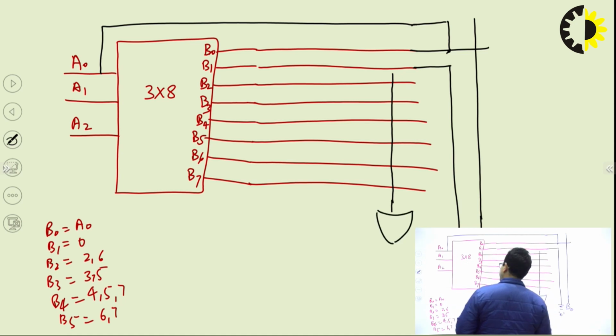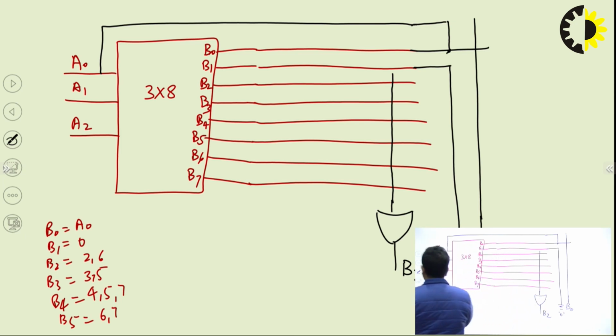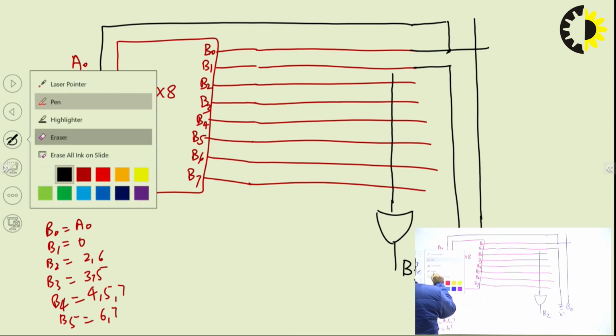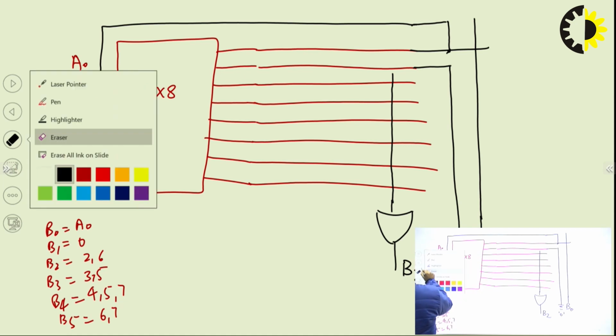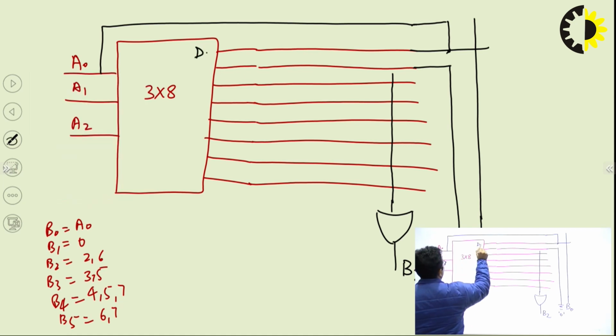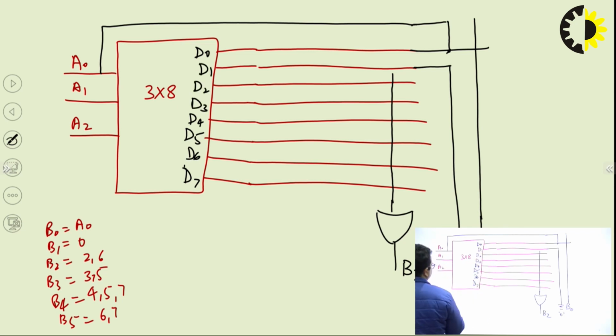After this, we are having B2, right? Instead of that we can write here D0 to D7, D6, D5, D4, D3, D2 and D1.